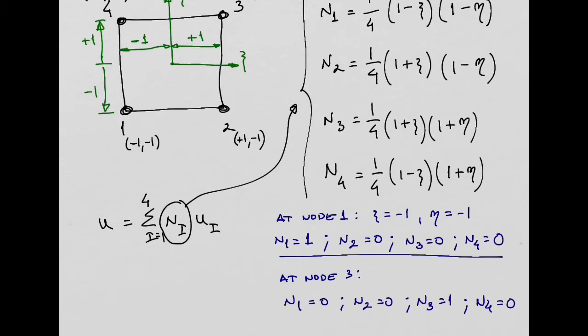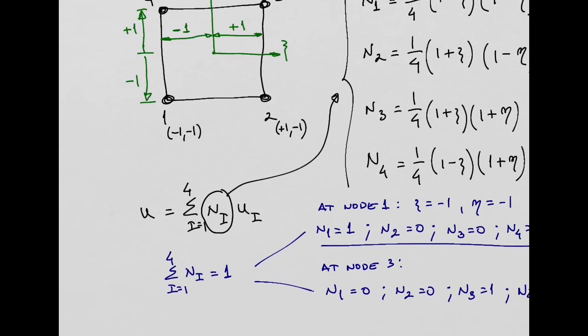And if you go to node 4, you get n4 equal to 1 and all others equal to 0. At node 2, n2 equal to 1, all the other remaining shape functions equal to 0. So in all cases, if you add all these shape functions together, the result is always going to be equal to 1.